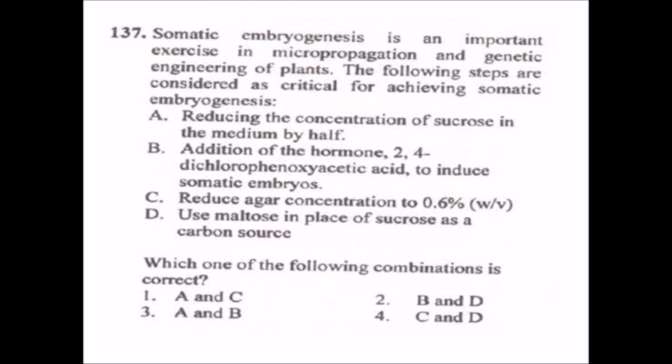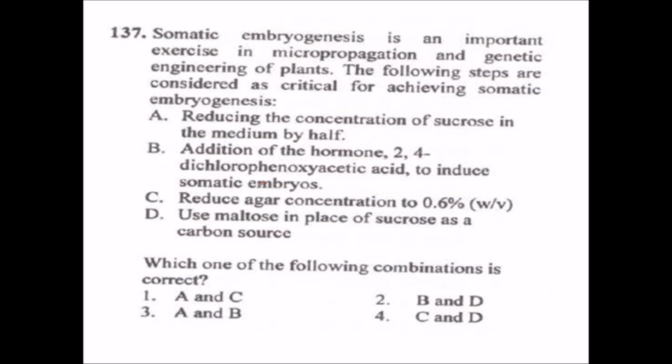Next question is, somatic embryogenesis is an important exercise in micropropagation and genetic engineering of plants. The following steps are considered as critical for achieving somatic embryogenesis. For somatic embryogenesis, we reduce the concentration of sucrose in the medium to half. No, it's not there.